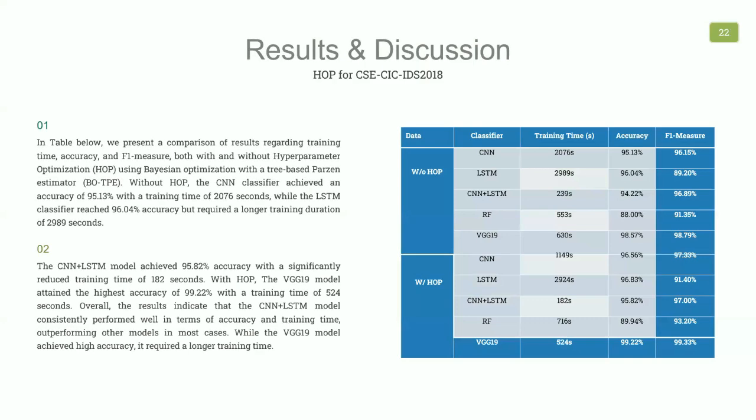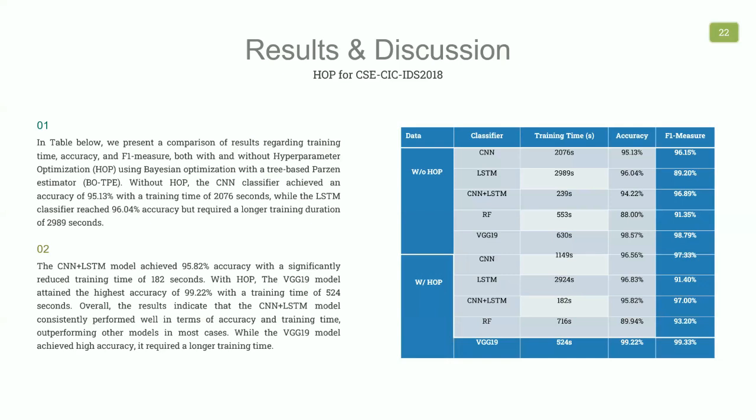The same thing with the CIC IDS 2018. Without using the hyperparameter optimization, the CNN classifier achieved an accuracy of 95.13% with training time of 2076 seconds, while the long short-term memory classifier reached 96.04% of accuracy but required a longer training duration of 2,989 seconds.